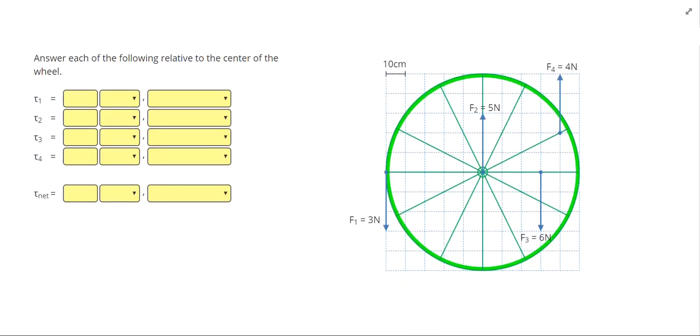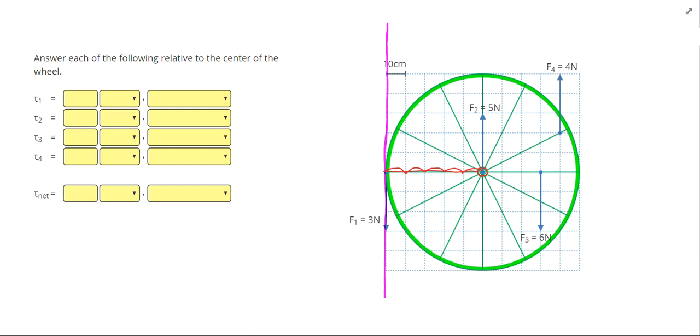Alright, let's move on to a different type of problem. In this problem, we're asked to calculate 4 different torques and the net torque. Let's start by drawing the lines of action. I'm going to do them a little bit darker on this problem. Here's my line of action for force 1. My distance from the center to the line of action right there was 10, 20, 30, 40, 50 centimeters.